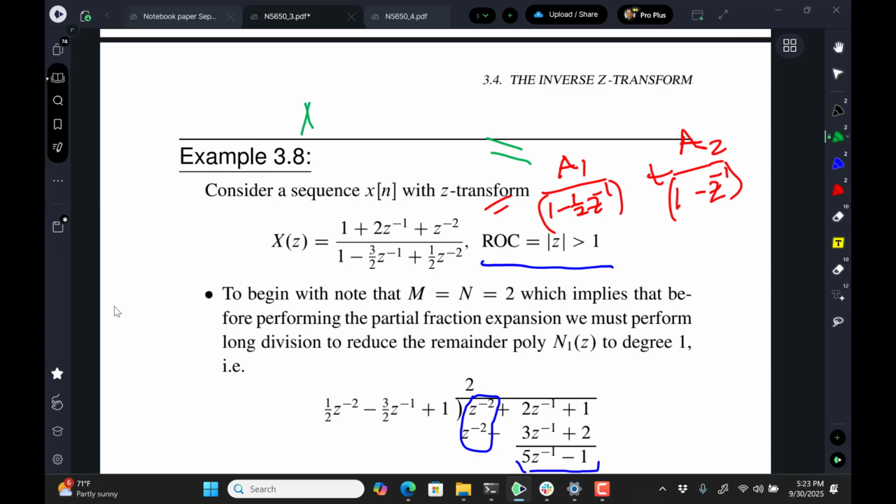You're going to get A1 times 1 minus z to the minus 1, and you're going to get A2 times 1 minus 1/2. Then you're going to have the original denominator. What's missing? You're not going to have the z to the minus 1 or z to the minus 2. I mean, you can't synthesize that from this improper rational function.